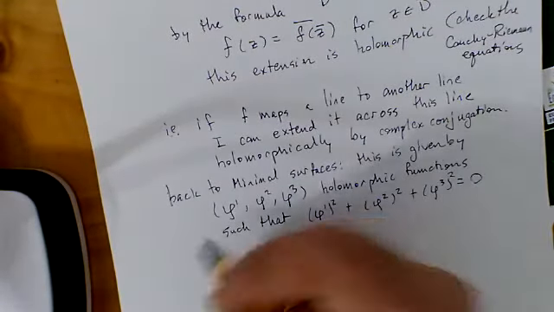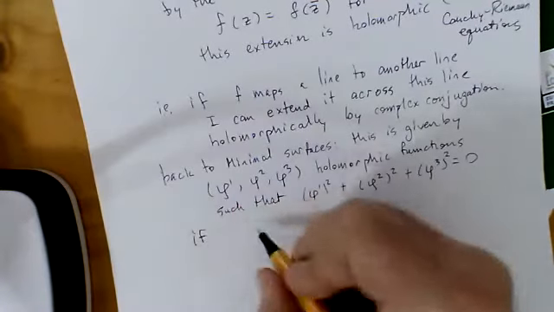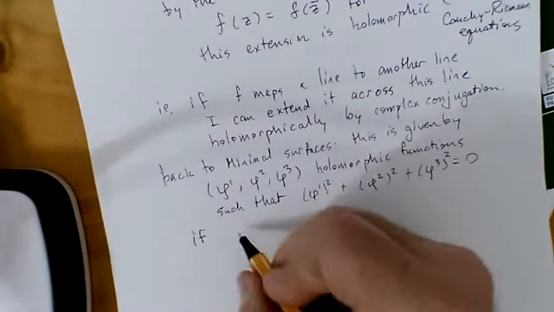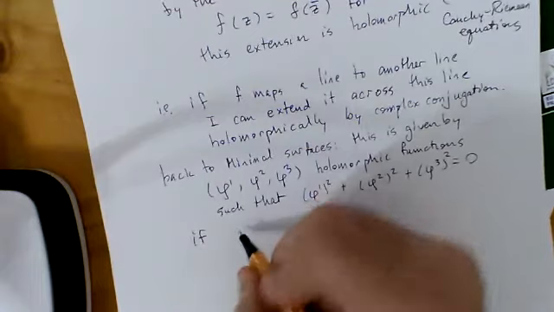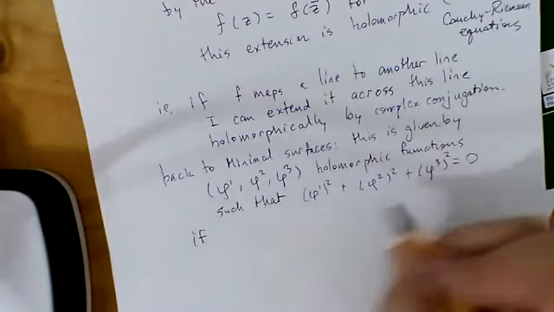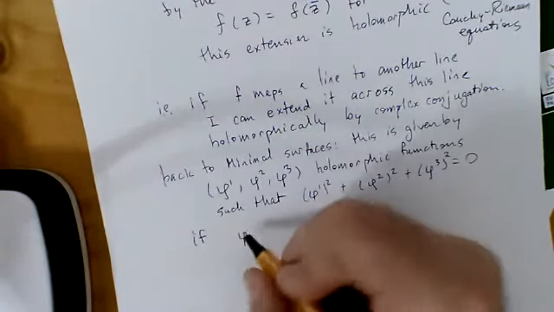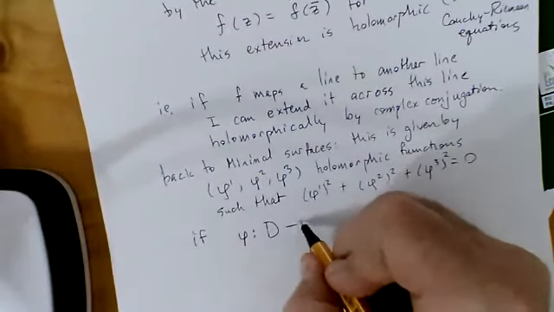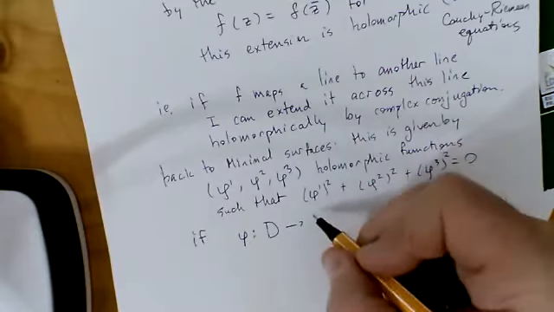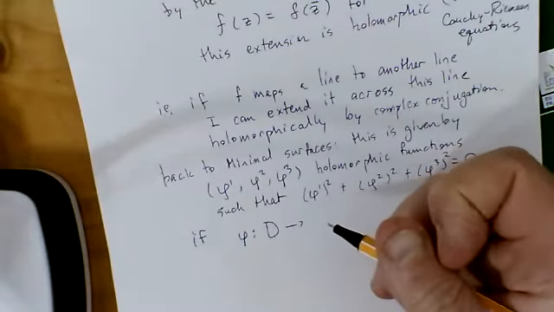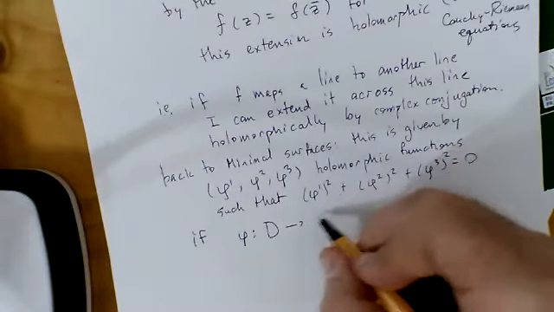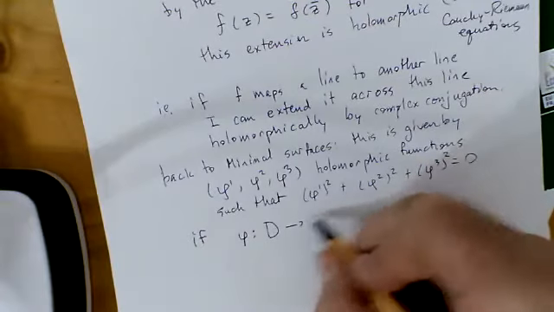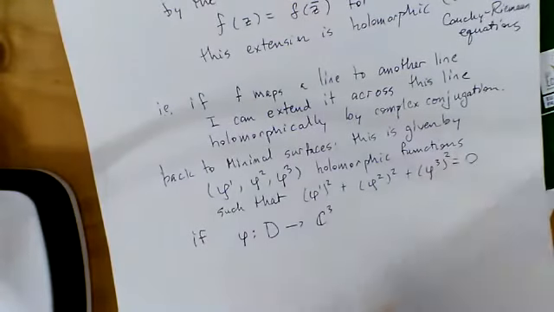Right. So if I have such a triple of functions, so I have my phi mapping D to really C3.